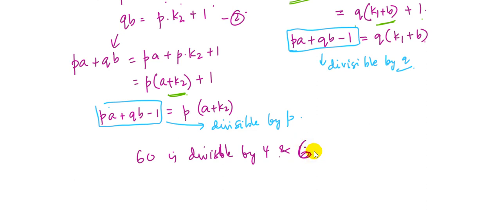So according to what I said, if a number is divisible by two different numbers, then it should be divisible by the LCM of 4 and 6.